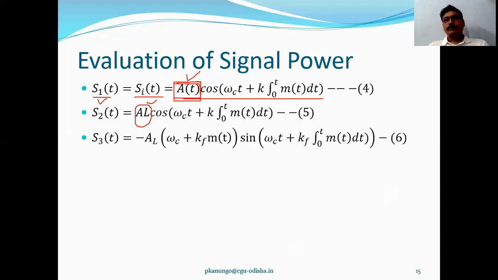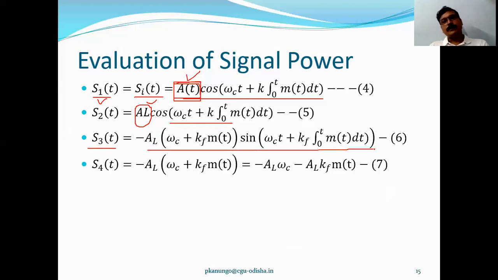So now the output of the limiter is an FM signal having a constant amplitude L. Now we will pass this signal through a differentiator, because after the limiter there is a discriminator, which is a differentiator and an envelope detector. The differentiator output is equal to S3(t). If you differentiate this signal with respect to time, we get an AM plus FM signal.